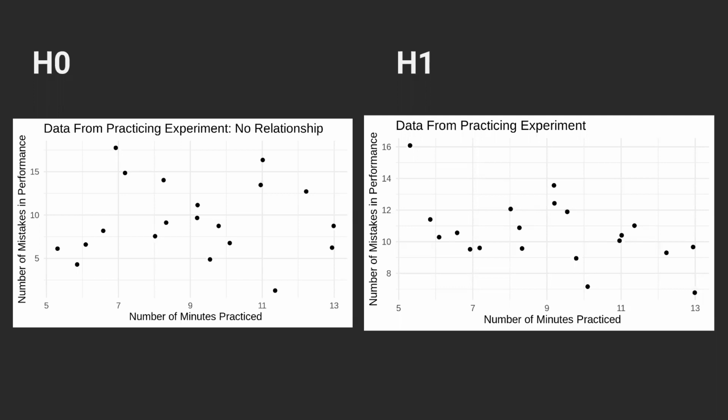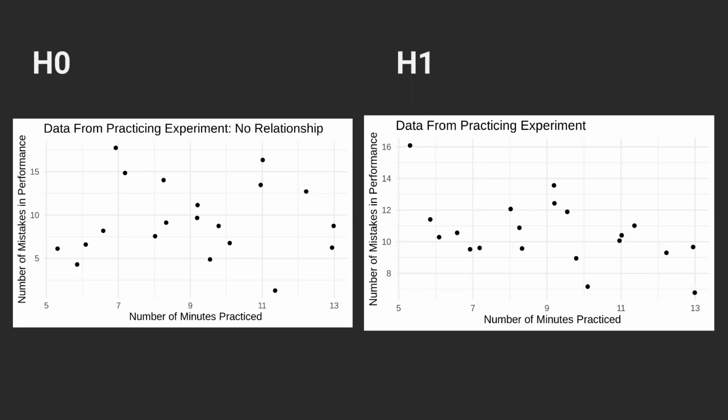Near the left side of the left graph, there are people who practiced a small amount and made few mistakes, as well as a lot of mistakes. And that pattern continues as you progress rightwards on the graph. This contrasts with what we saw from our plot from before, which is a situation where something is happening.